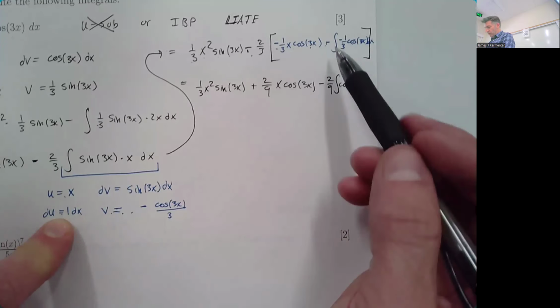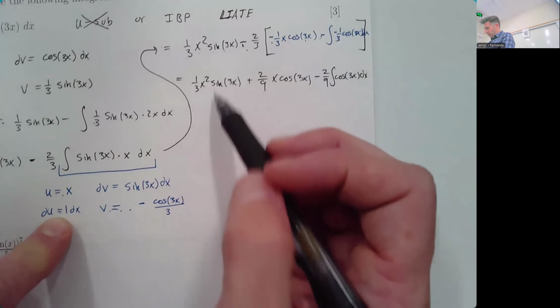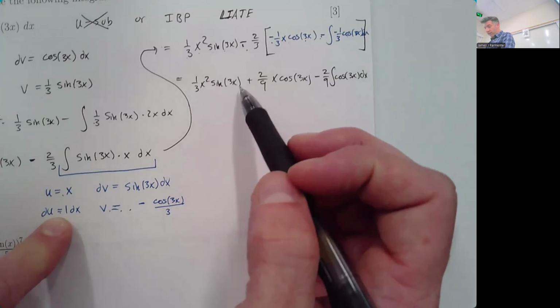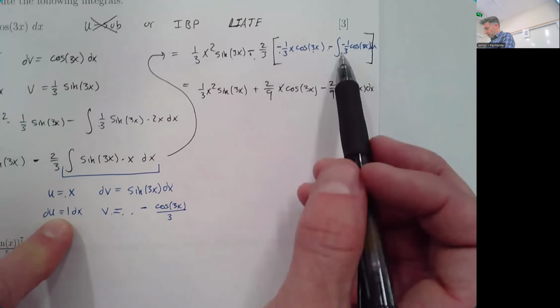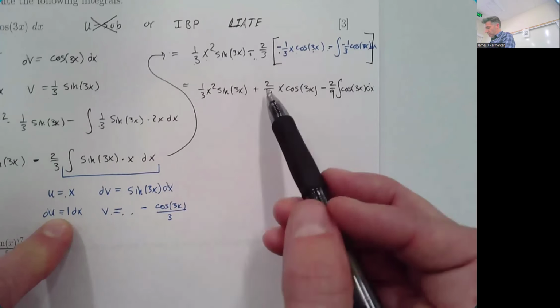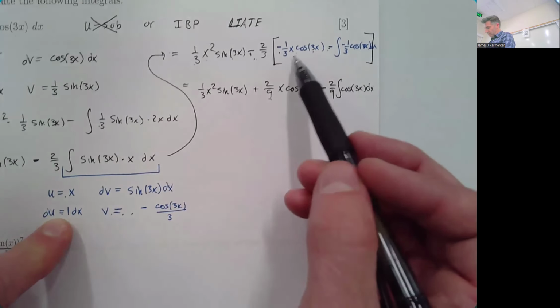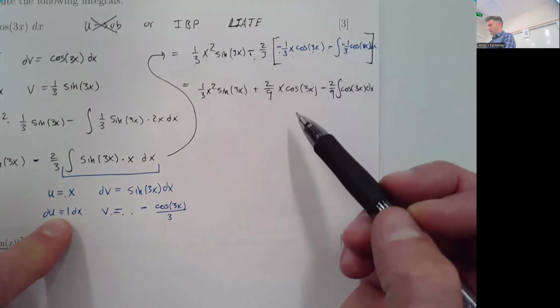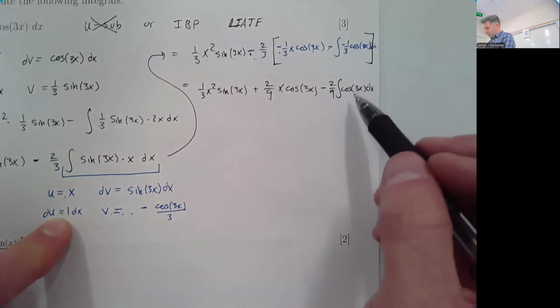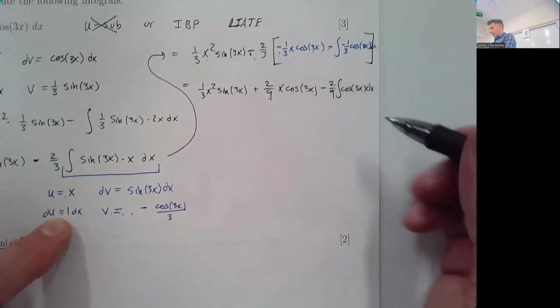And then I rewrote it a little bit. I still have this part here, the 1/3 x squared sine of 3x. And then this minus 2/3 distributes to each of these terms here. Minus 2/3 times minus 1/3 is positive 2/9 times x times cosine of 3x. And minus 2/3 times minus 1/3 is negative 2/9 times the integral of cosine 3x.